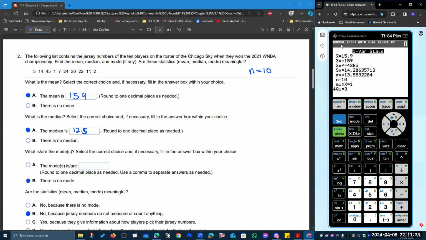But here's my mean, my sum of my x's, my n. You won't need the sum of the x squared. We'll talk about standard deviation later. And these two standard deviation calculations will be extremely helpful to you. We have a minimum x value, a first quartile, a median, a third quartile, and a max. Right here, we've got the median, and up here, we've got the mean. Those are the two things they ask for, and they're right there in that list for us.